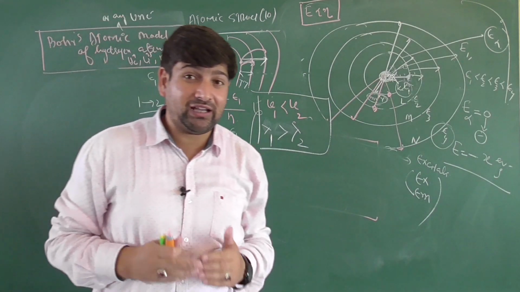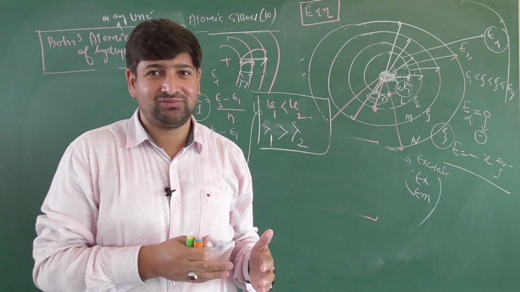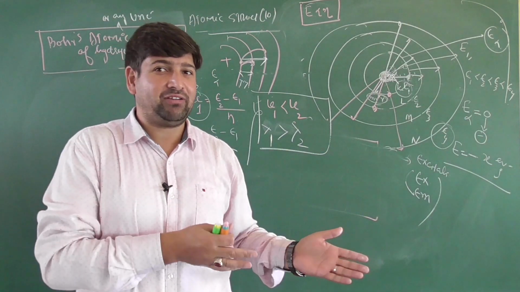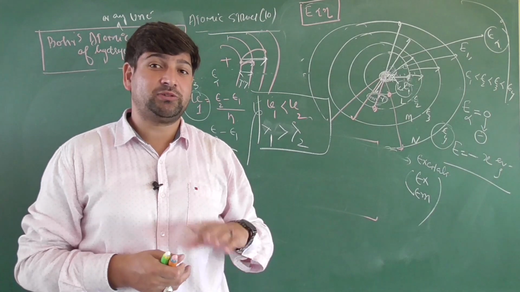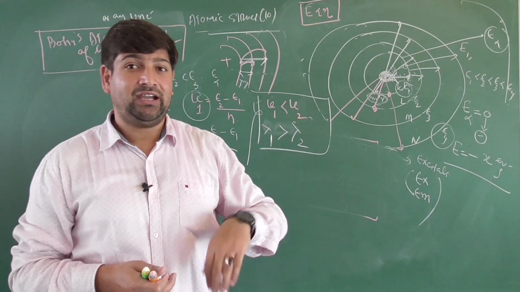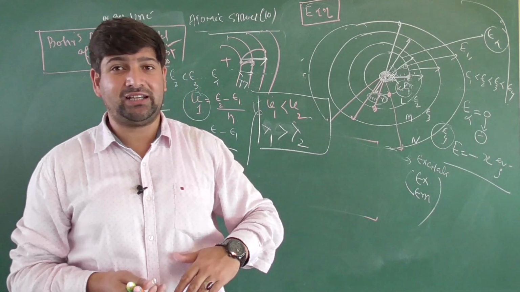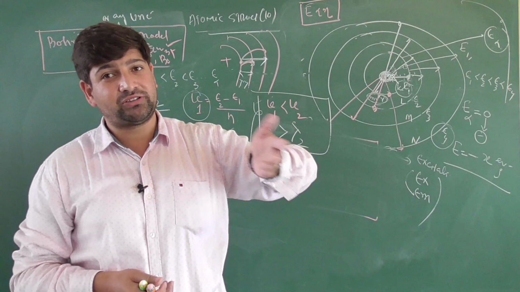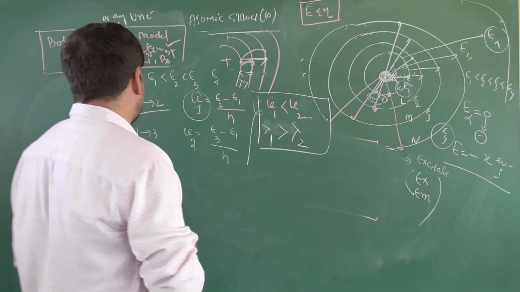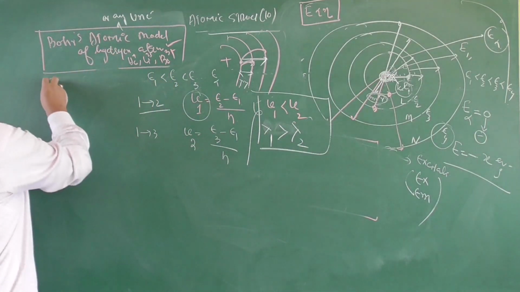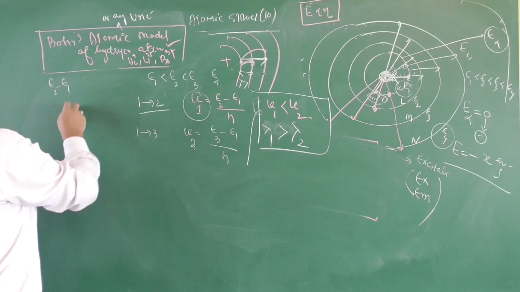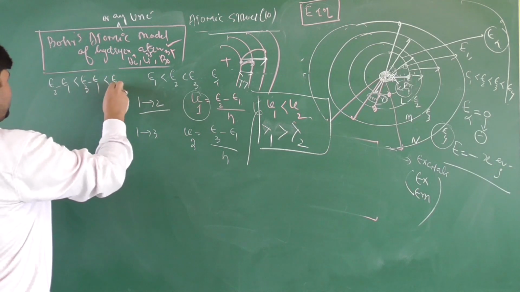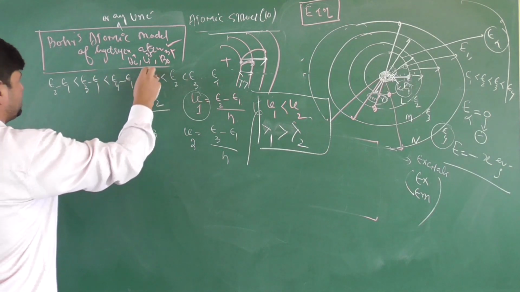I am shifting an electron from 1 to 2, and 1 to 3, 1 to 4, 1 to 5. So what happens? The energy difference between 2 and 1 is less than the energy difference between 3 and 1, which is less than the energy required to shift an electron from 1 to 4, 1 to 5, 1 to 6, 1 to 7. So can I write down, children, that E2 minus E1 is less than E3 minus E1 is less than E4 minus E1, and so on and so forth?